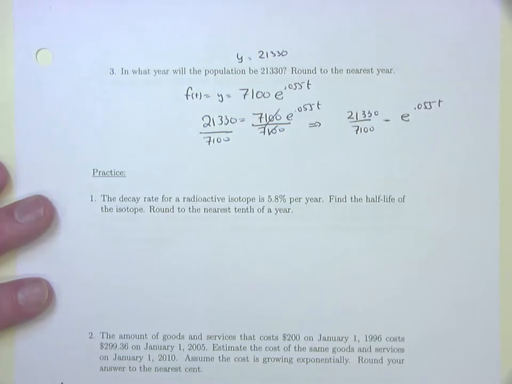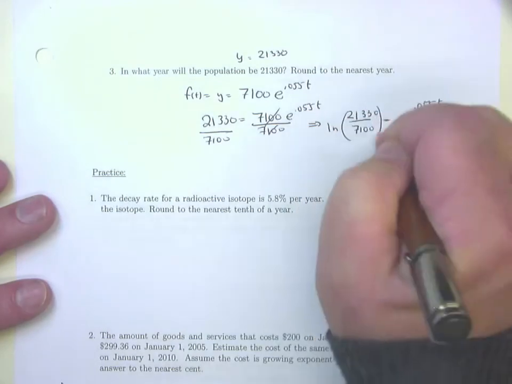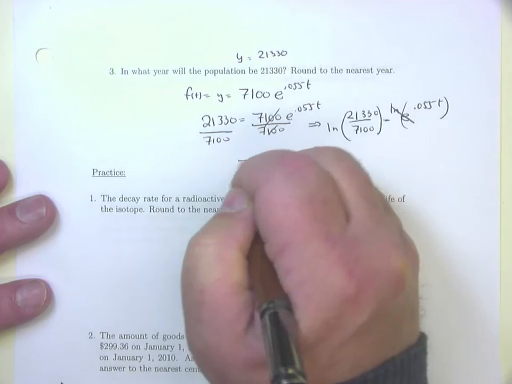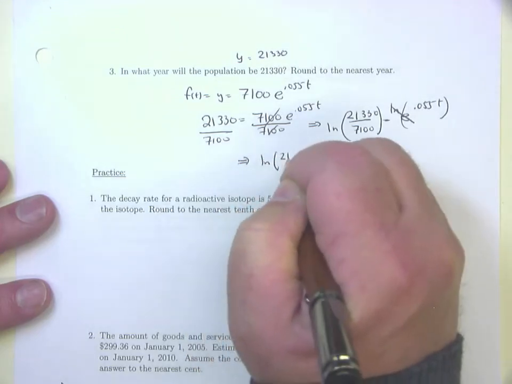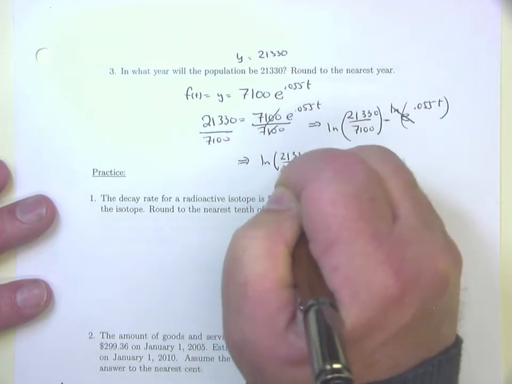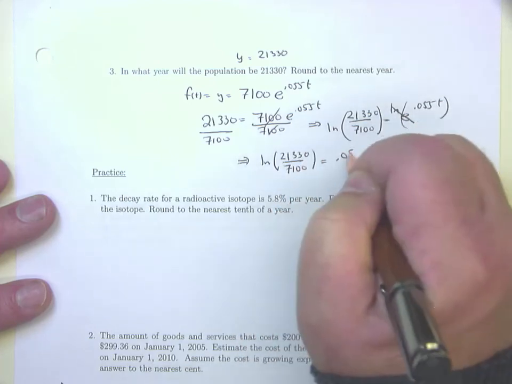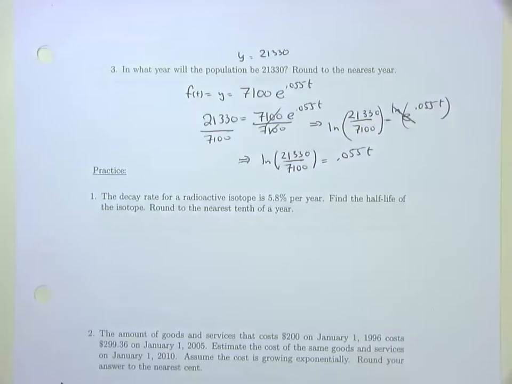What's your next move? Now you've got the e by himself. Now take the natural log of both sides, because the natural log and the e are going to cancel. That leaves you with the natural log of 21,330 over 7,100 is equal to 0.055t. What's your last move to get t by itself?